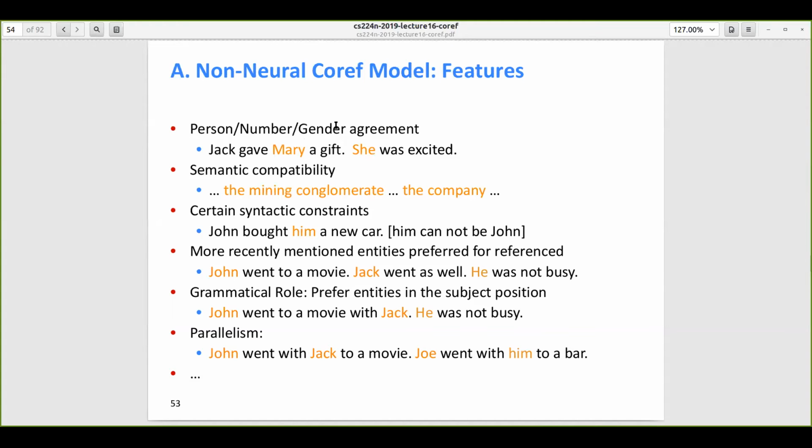It's like what used to happen before machine learning came in: there used to be a lot of hand engineering. For every task, there used to be a lot of hand-engineered features that are formed, and then the model is trained on top of those. For example, we have a feature like this. Jack gave Mary a gift.